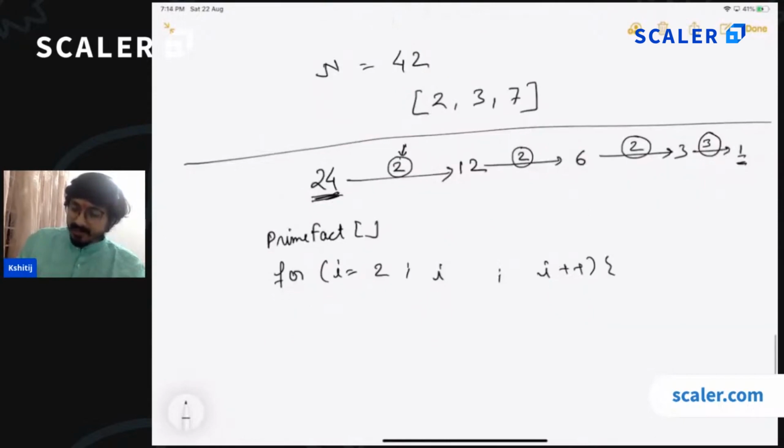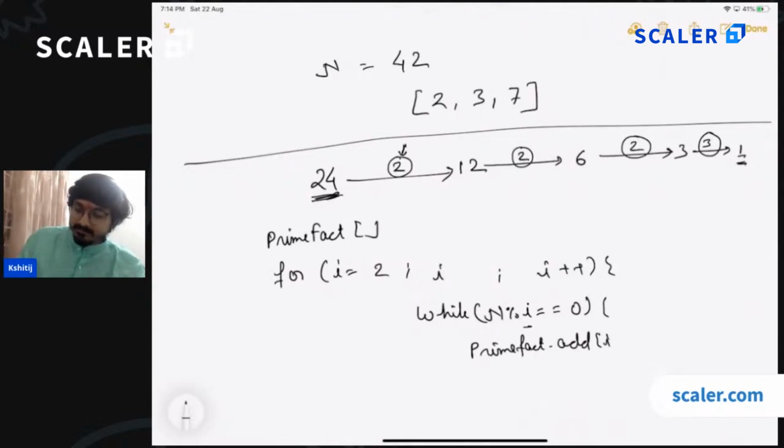Then I will say while n is divisible by i, if it is not divisible, it will not go inside the loop. But if it is divisible, first of all, add this i to the answer. So we'll do primeFact.add(i). Add this to the answer and then divide n. So n will become n by i.